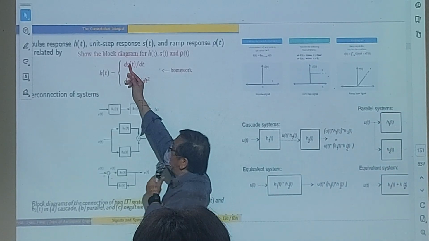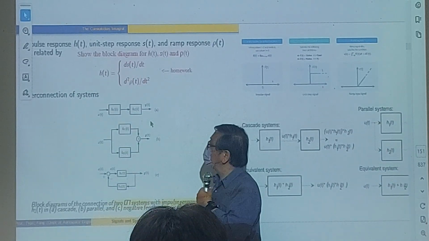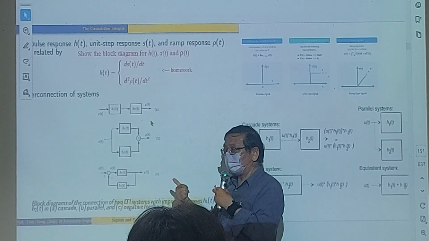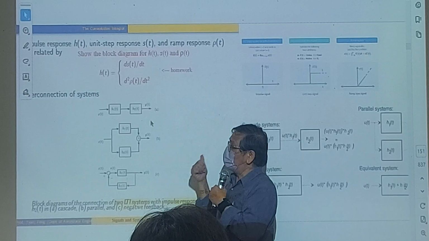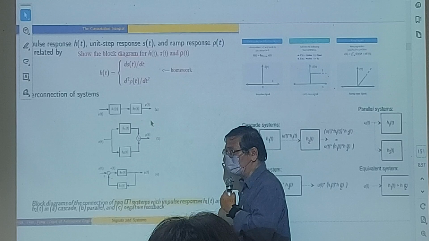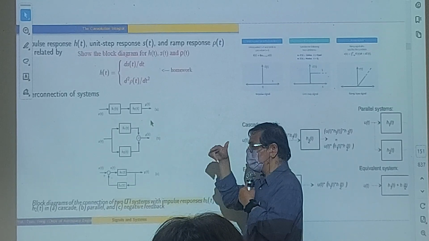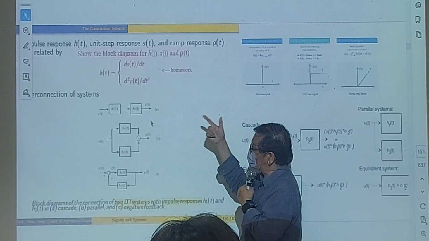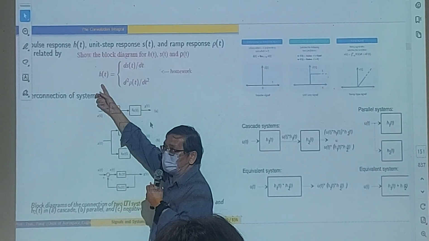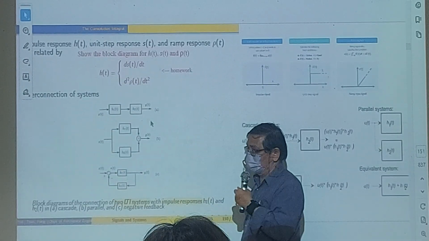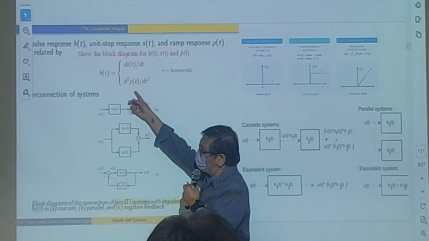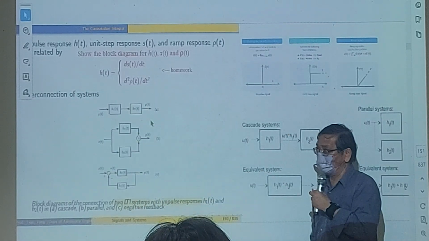If the input is replaced by unit step, we call that response S of t. So now you have rho of t for the ramp input, S of t for the unit step input, and also h of t for the impulse input. So you have three functions, h of t, S of t and rho of t. Then I need you to show that h of t, the impulse response, is the first order derivative of the step response and the second order derivative of the ramp response.